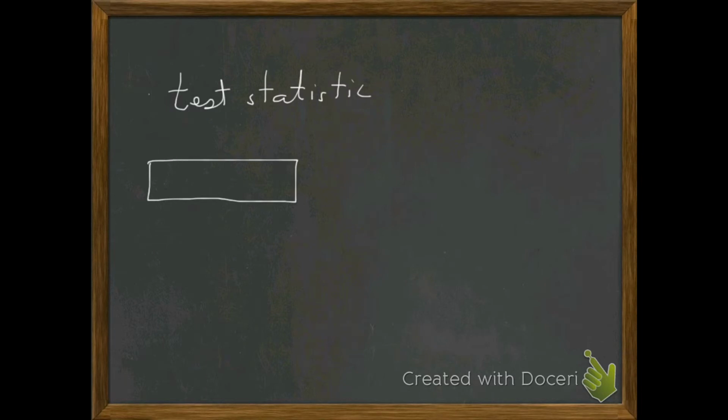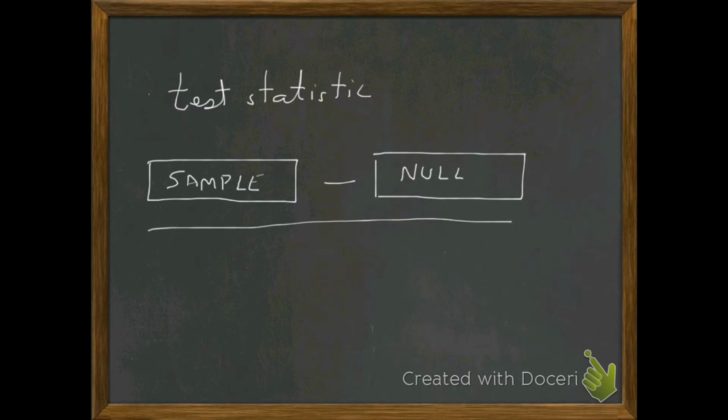All right, guys, we're going to get kind of down and dirty with this, so it's actually going to be pretty cool. First of all, let's examine just about any test statistic. Whether it's a t, a z, or a chi-square, we look at our sample, we look at the claimed or null value, and we divide by the standard error.